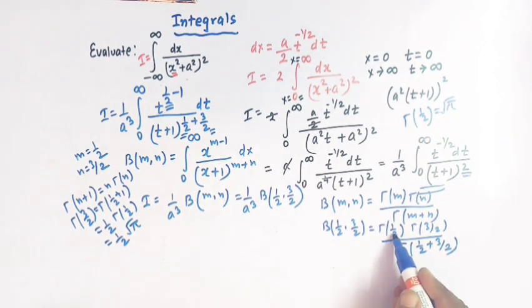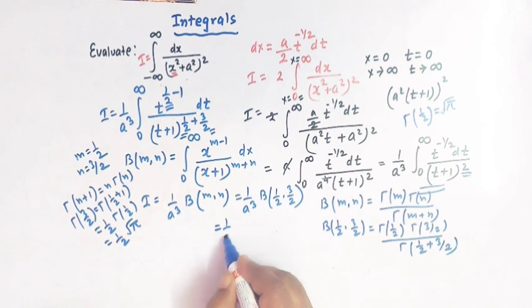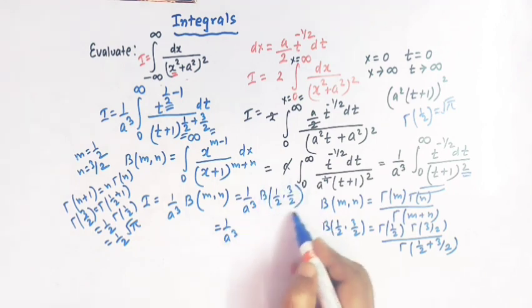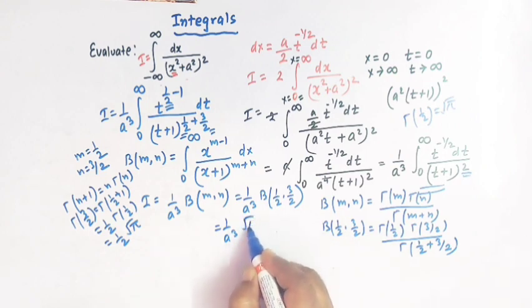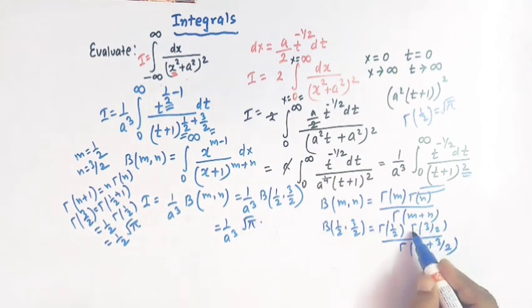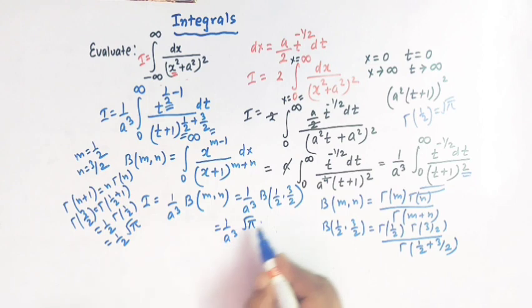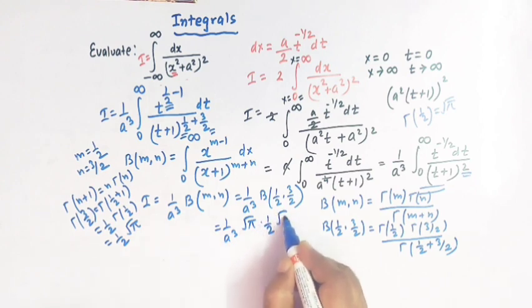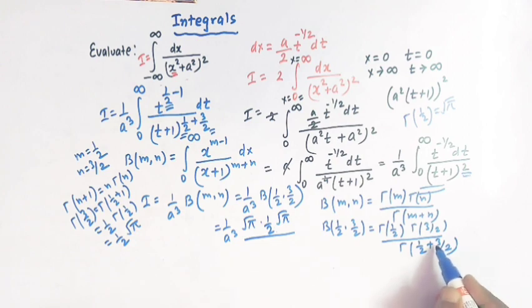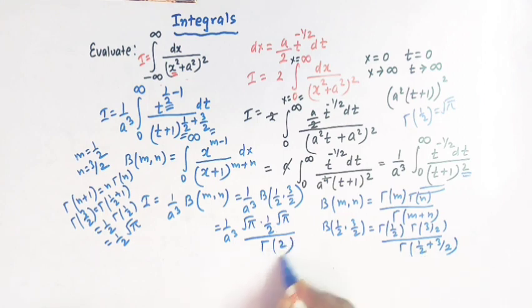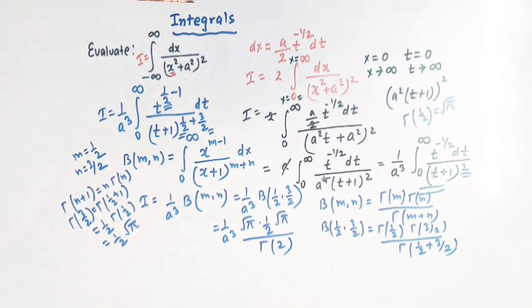So here we have 1 over a cube, and the value of this expression is gamma of half, which is square root of pi, times gamma of 3 by 2, which is half square root of pi. In the denominator we have gamma of 4 over 2, that is gamma of 2.